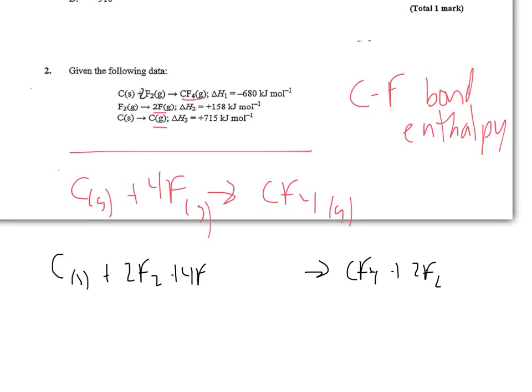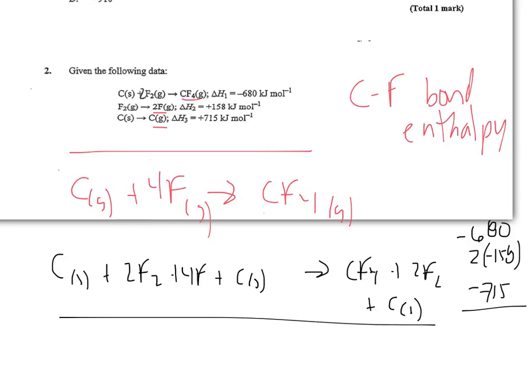So I had negative 680 from the first equation. The second equation, I'm going to have 2, and I'm going to flip that sign to negative 158. And then the third equation I also need to flip, but I don't need to increase it. So it's going to be C gas plus C solid. And so I'm also going to flip that sign to negative 715.